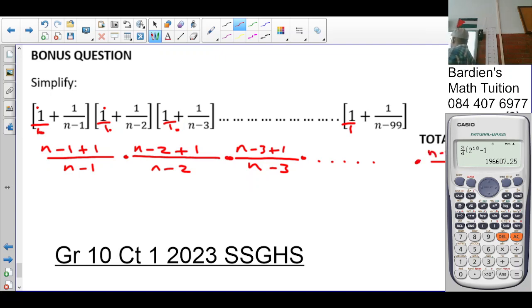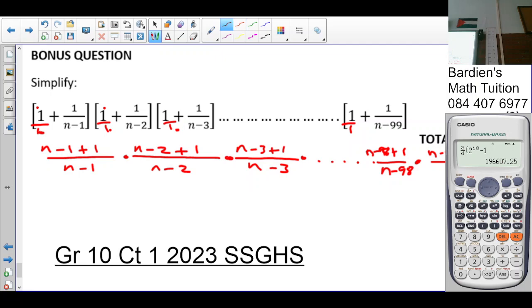The one prior to this would have been n minus 98, so it would be n minus 98 plus 1, and so on. What do these dots mean? It continues. It follows that pattern all the way to 1 plus 1 over n minus 99. That's basically what it means.